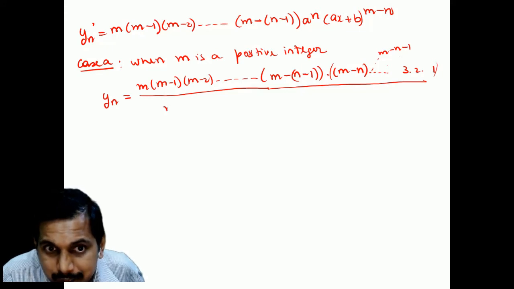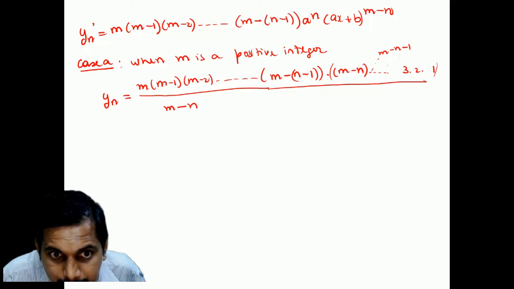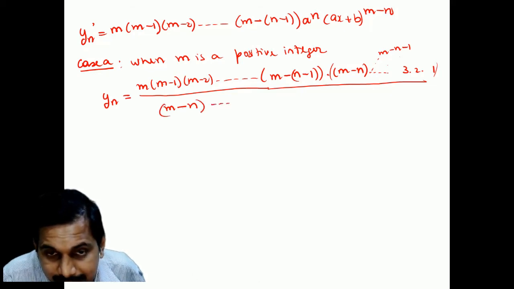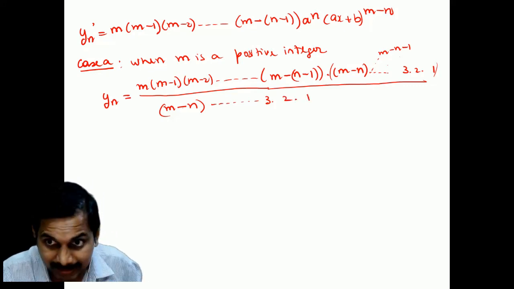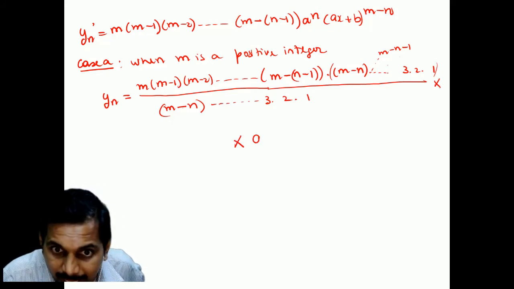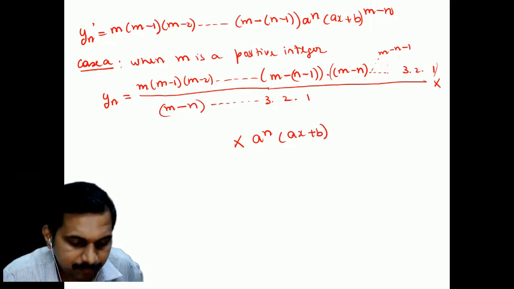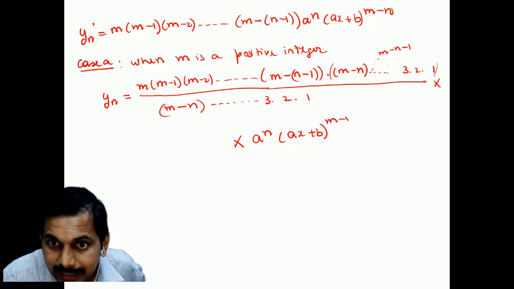So that portion would be m minus n. I hope you understood this, students. This is very important. If you did not understand, ask me, I will write it again and explain it. 3 into 2 into 1 and so on, multiplied by a raised to n, ax plus b raised to m minus n.